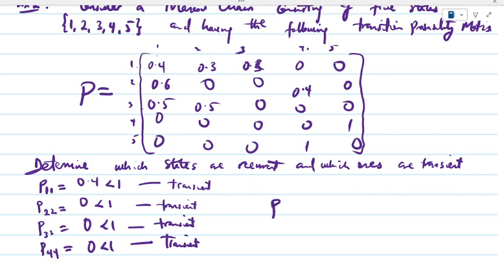And the probability from 5 to 5 is also 0, so this is transient. So all the 5 states we have are transient. There is a probability of moving from one state to the other. Is that okay? So here we stop for today. My name is Sunday. Thank you for watching and hope to see you in the next class.